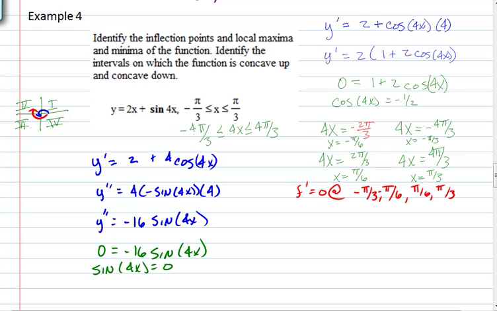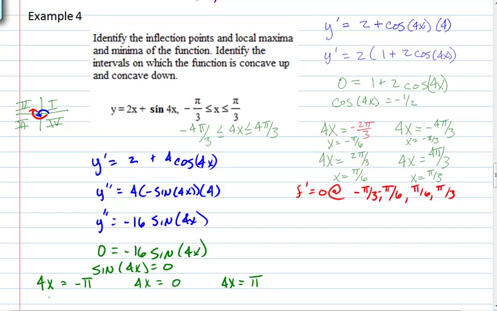Well, once again, that's going to be where 4x is equal to negative pi, 4x is equal to 0, and 4x is equal to pi, because sine is equal to 0 at multiples of pi.